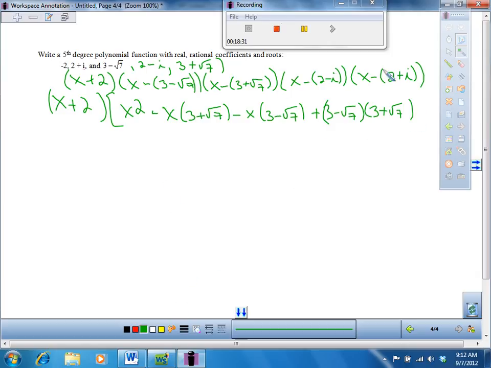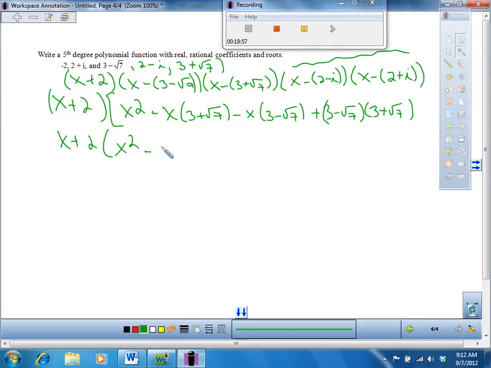So I'm not even going to worry about this imaginary part yet. Okay? Then what I get is I have x plus 2. There's still this part over here to worry about, but we're not going to worry about that yet. I have times x squared. I have minus 3 times x and minus 3 times x.